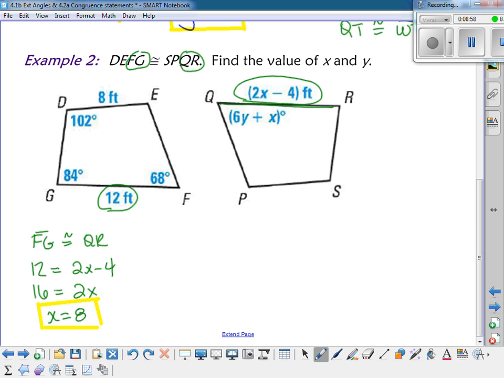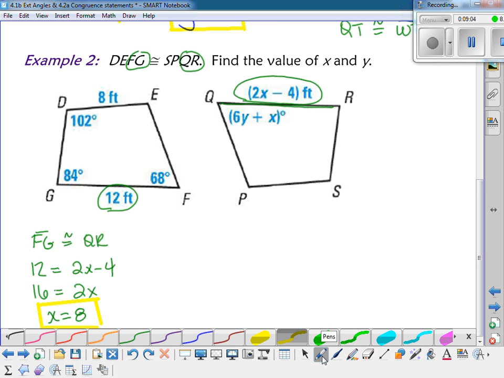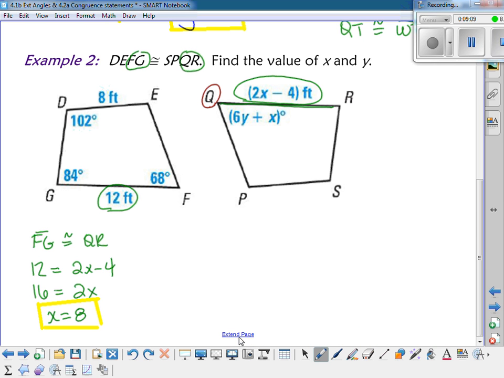Now I can do a similar thing for y. For y, I've got angle Q, which is right here in the congruent statement, so that is going to correspond to angle F right here.